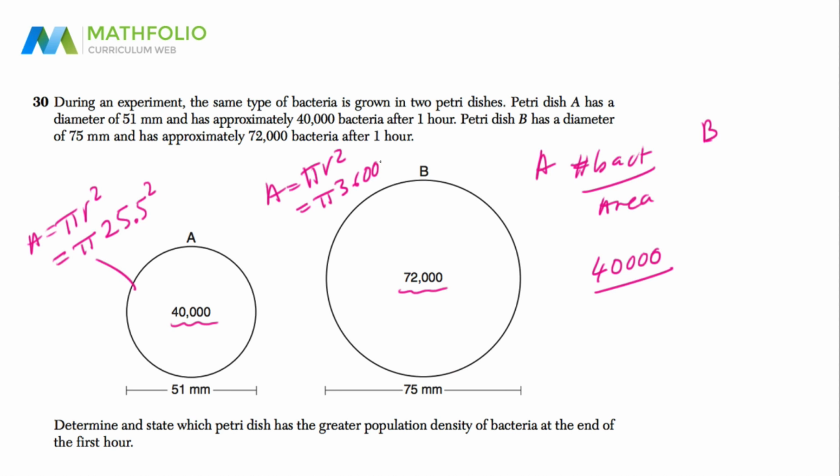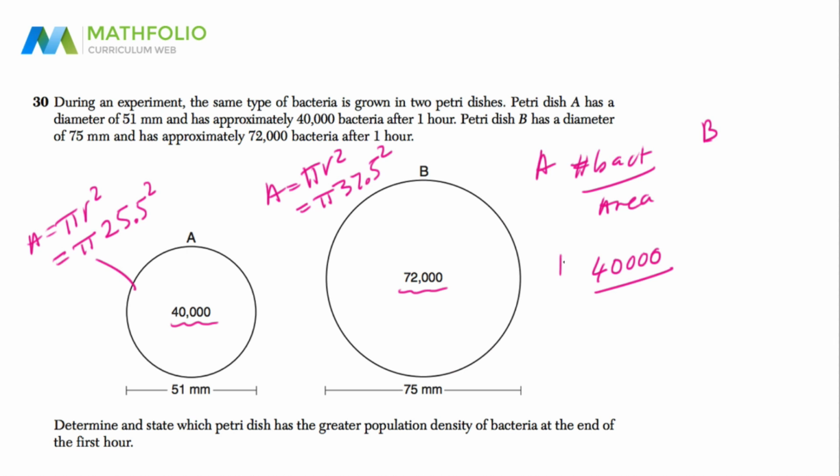36. What am I doing? Not 36, I've got to take 1/2 of the 75. So 1/2 of 75 is 37.5. 37.5 squared. So let's figure out both of these numbers.